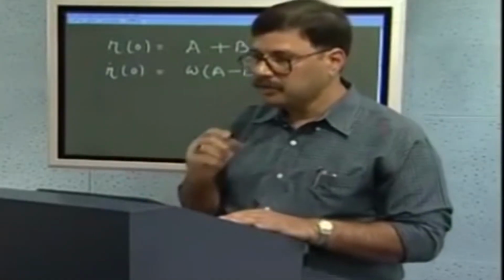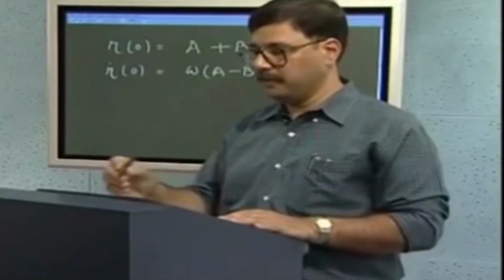I have already calculated r dot, and at 0 this is going to be omega times a minus b, and I want the velocity going in, so minus V0. I want to find that V0 with which I push the particle in so that it keeps on moving in. So, I want such a and b so that the particle keeps moving in.